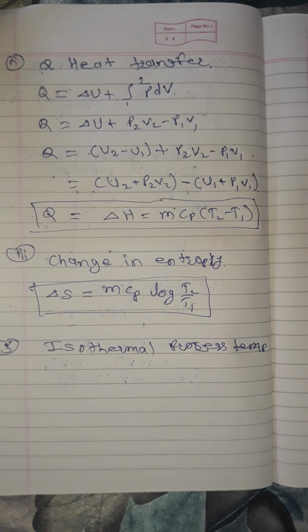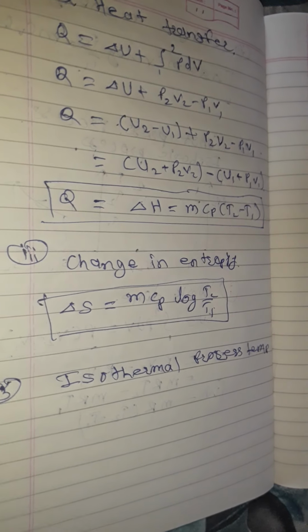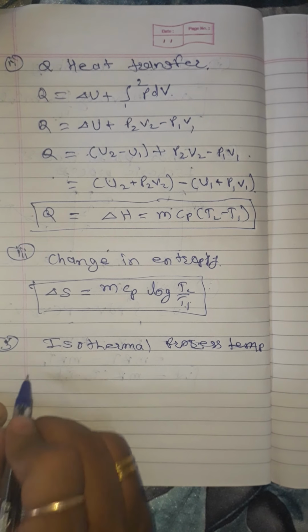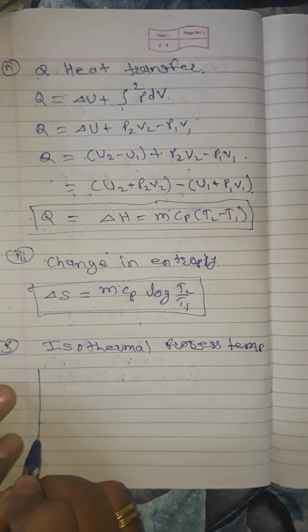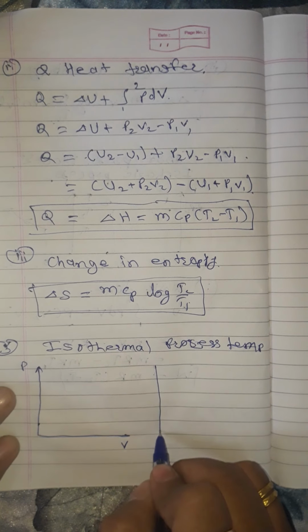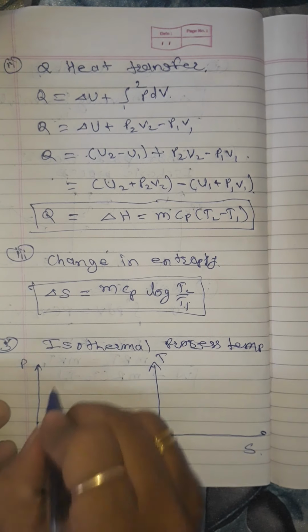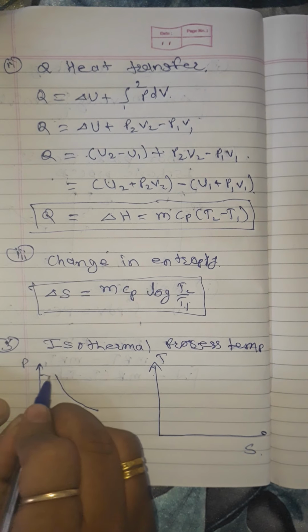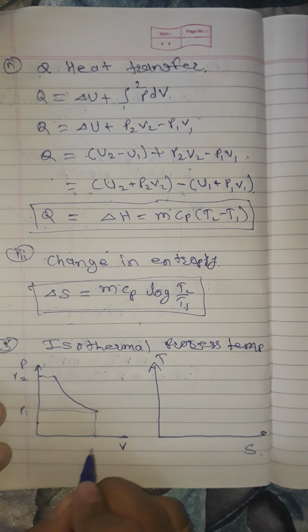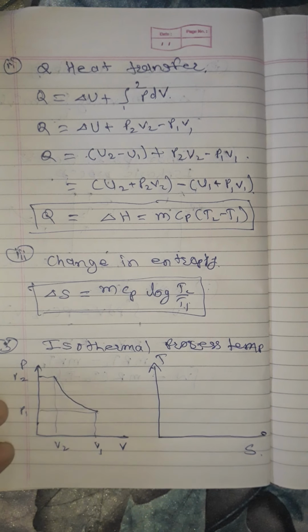First of all, we have to plot this diagram on the PV and TS planes. Let me first draw PV, with P and V axes, and then the TS plane. Suppose this is P1, this is P2, this is V1 and this is V2.